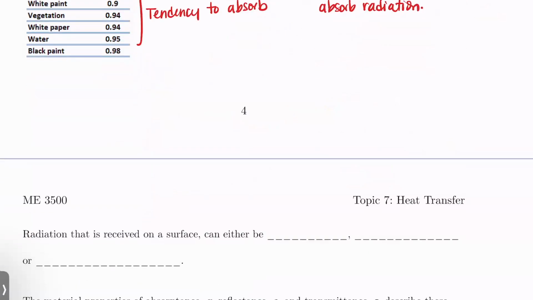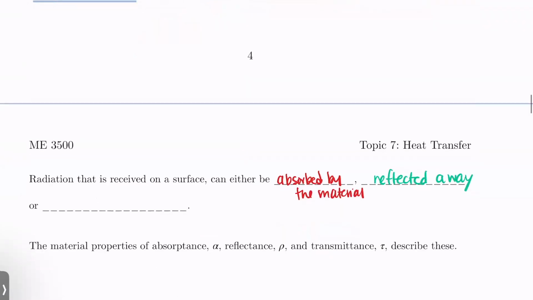Okay. Radiation that's received on a surface can either be absorbed by the material, reflected away, or transmitted through the material.